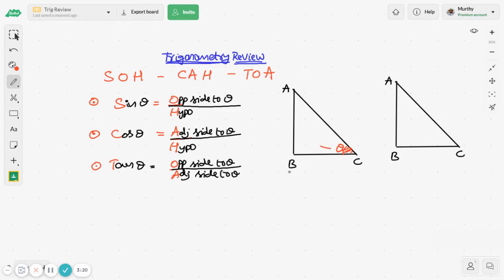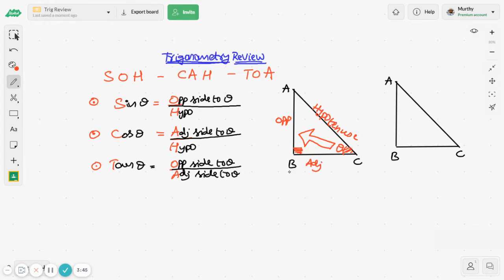If this is theta, then this is going to be the opposite side. You know that the side opposite to 90 degrees is known as the hypotenuse. Once you can identify these two, then obviously the third side will be the adjacent side.